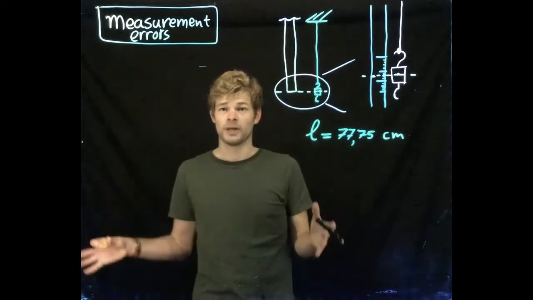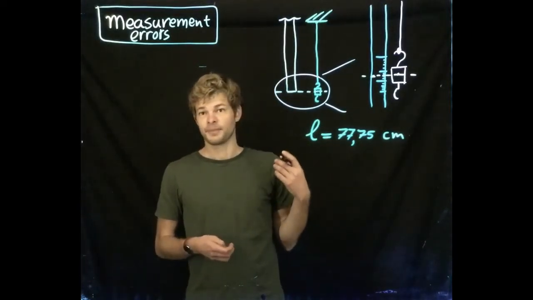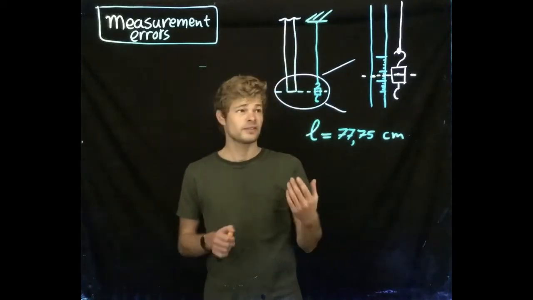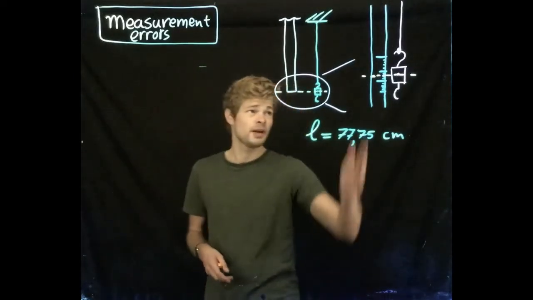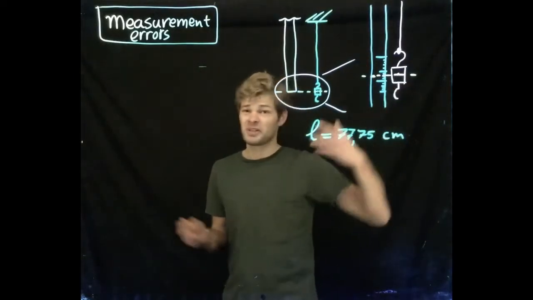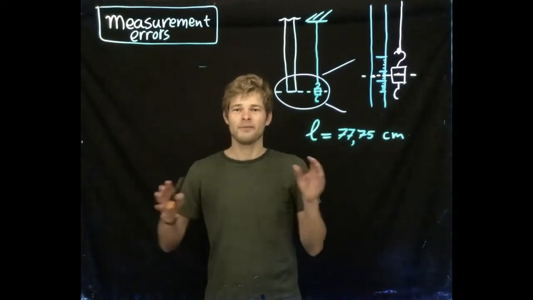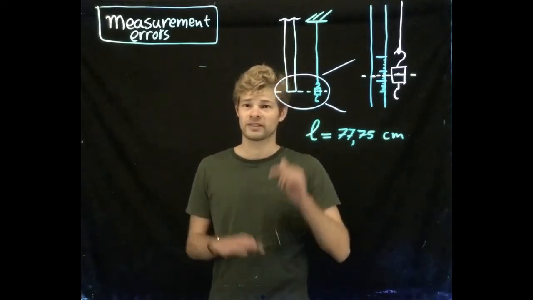But now we come to the point where measurement errors or uncertainty exist. Since I don't have really good eyes, the tape measure is a bit flexible, maybe I didn't get the angle right, and maybe we didn't get the center of gravity exactly on spot. I wouldn't be surprised if this length were 1.5 millimeters larger or smaller.